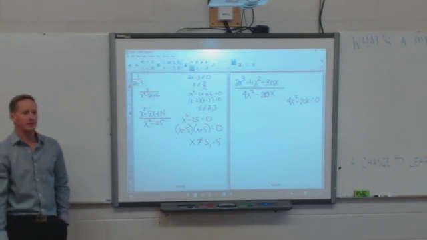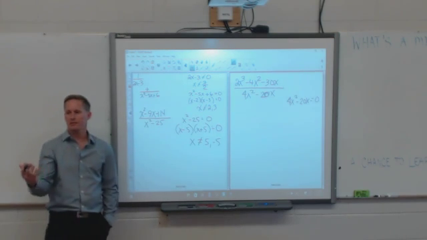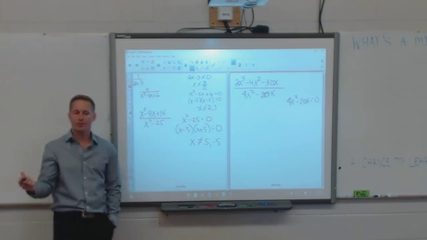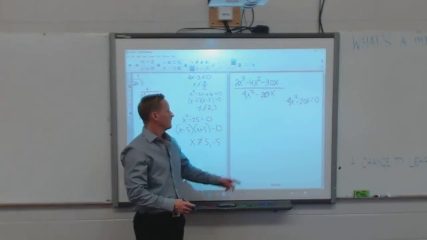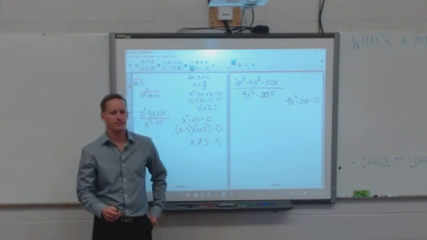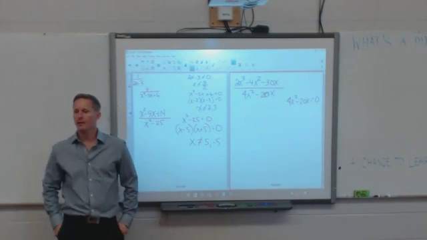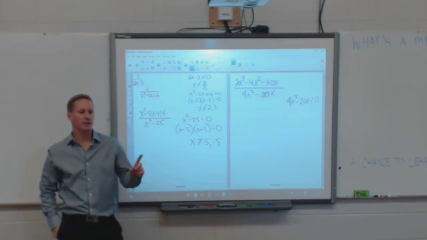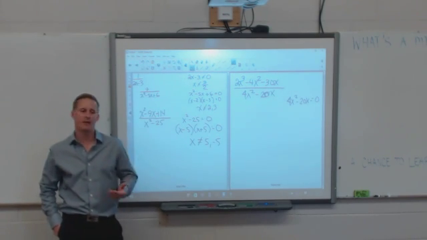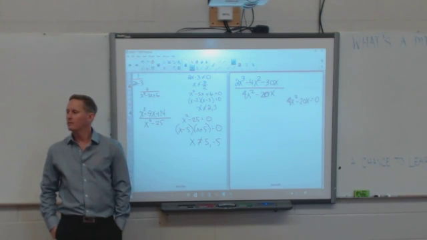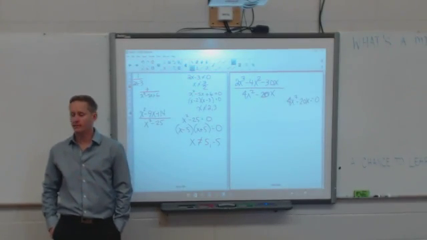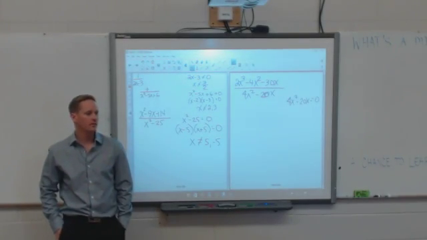I need to get this into the zero product rule. How do I factor that? Well, I've got two terms. What's the first thing you're supposed to do every time you factor? Take out the greatest common factor. Is there a greatest common factor there?